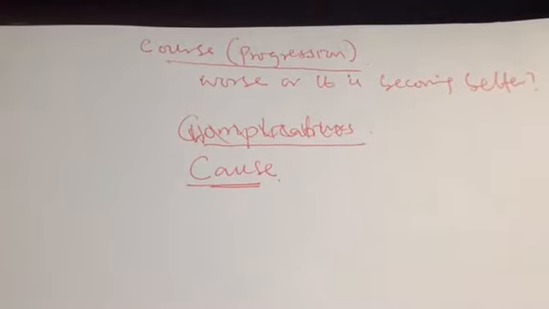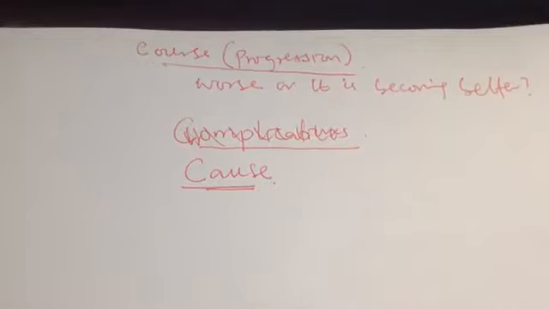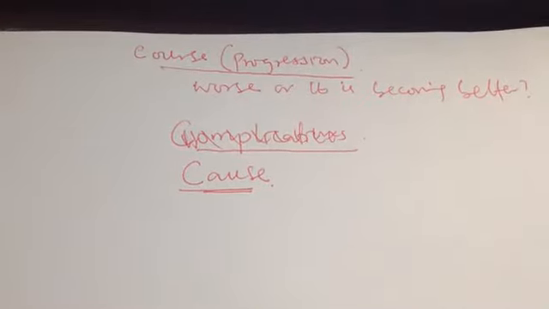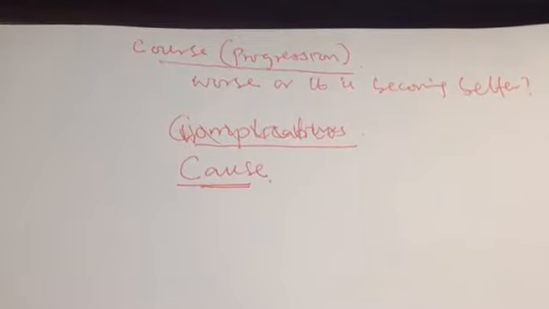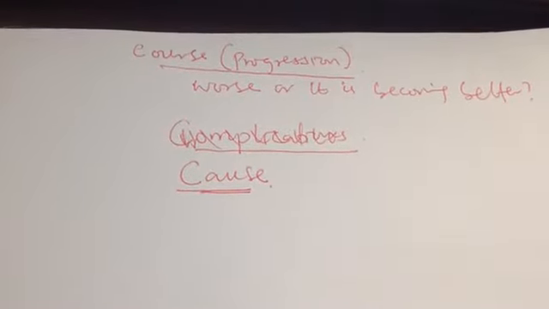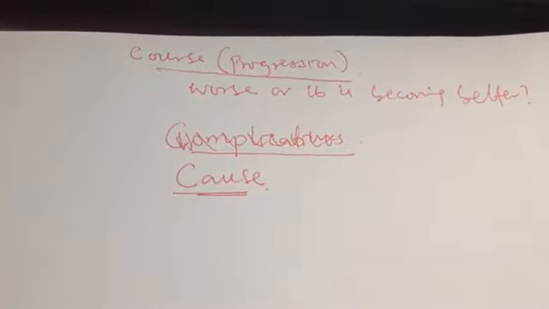Let's say, for example, he said he is having cough. You may be thinking that maybe he is having pneumonia, asthma, or chronic bronchitis. So you have to know them at the back of your mind.